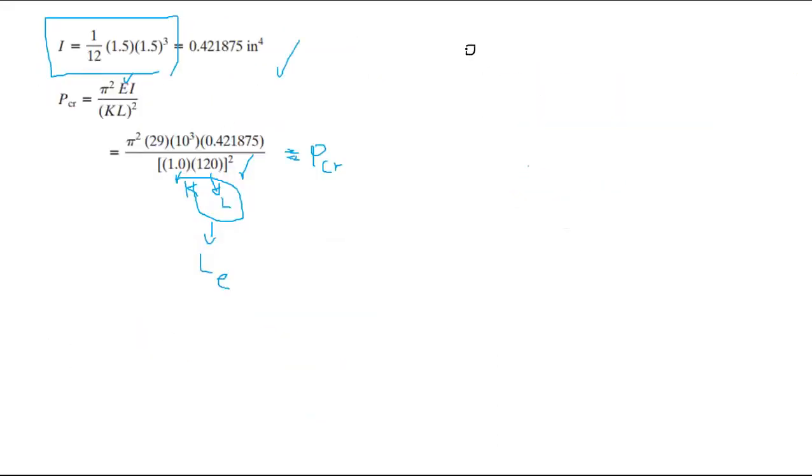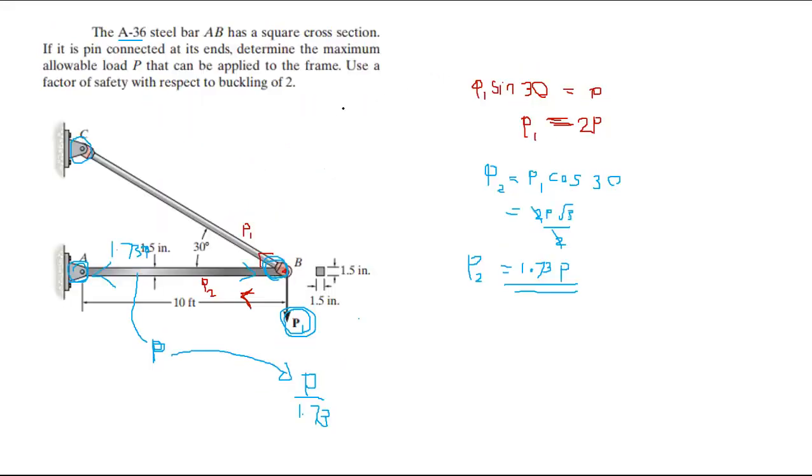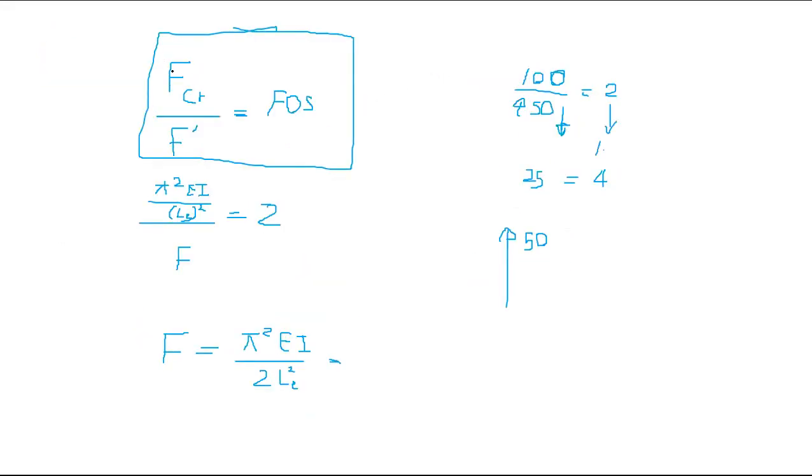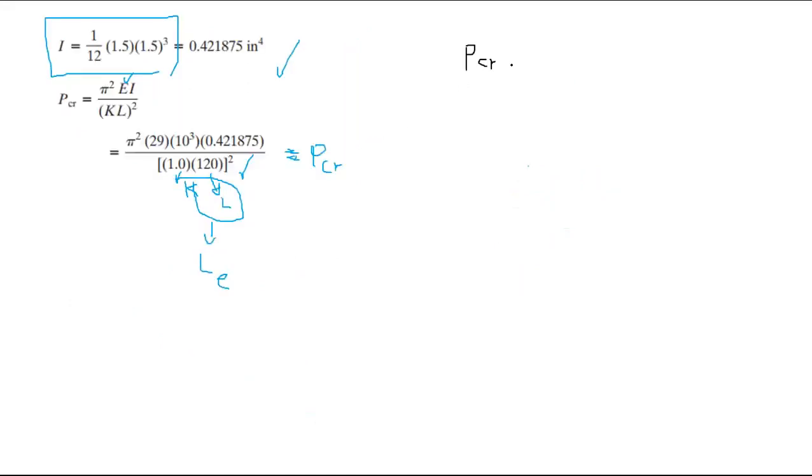So your P critical, let's say P dash is the working load, and P dash multiplied by 2, where P dash is actually 1.73 times P, times 2. These two are both equal to P critical, so that you can calculate the P value.